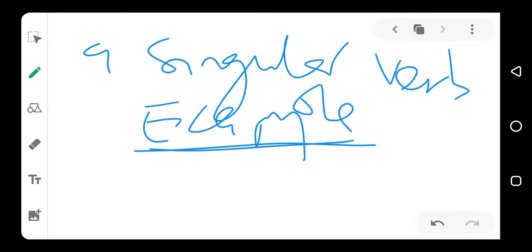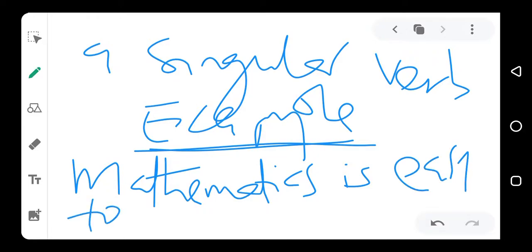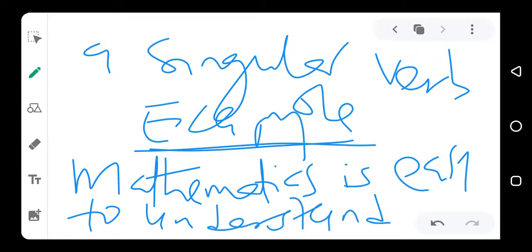Example: mathematics is simple. Mathematics is easy to understand. Mathematics, even though it ends with s, takes a singular verb, which is "is".